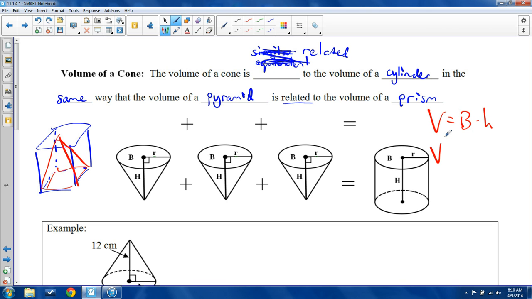The volume of the pyramid equals 1/3 that. Reasons why are kind of unknown here, but cone and cylinder are the same way.